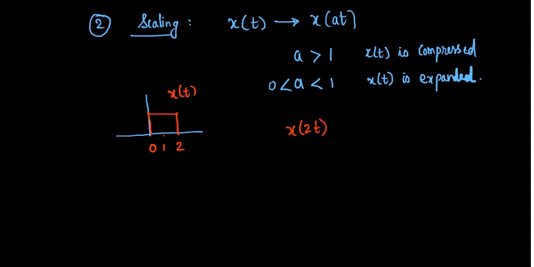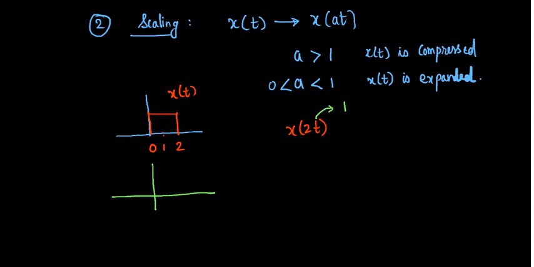I'm saying that the current value, let's say this 2t, gets advanced. If t is 1 second, at 1 second it will play the value at 2 seconds. If it is 2 seconds, it will play the value of 4 seconds, and so on. That's why it's getting compressed. At 1 it will play the value of 2.